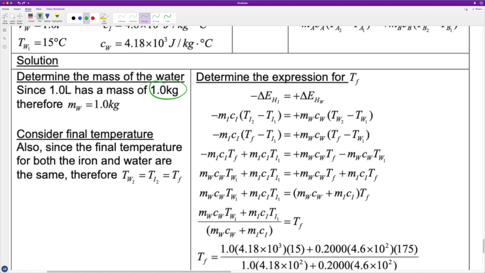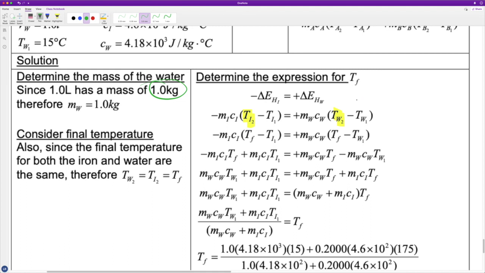So we have negative mass of iron, specific heat of iron, times the change in temperature of the iron. But here's the thing: the final temperature of the iron is the same as the final temperature of the water. All right, so we have negative MiCi times the change in temperature of the iron is equal to the positive value of the mass of the water times the specific heat of the water times the change in temperature of the water.